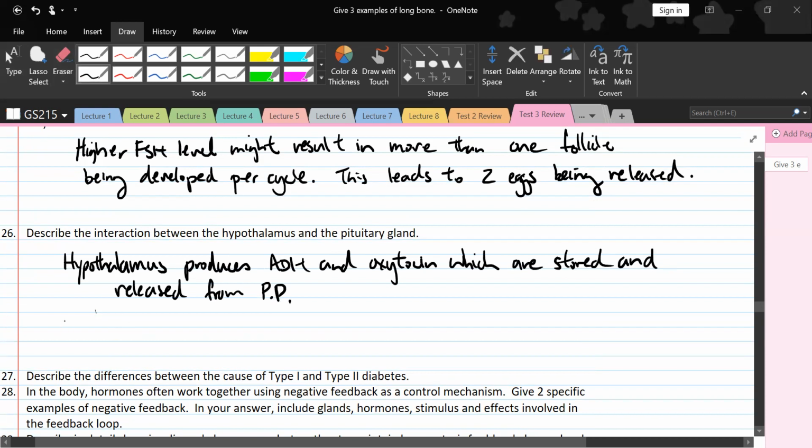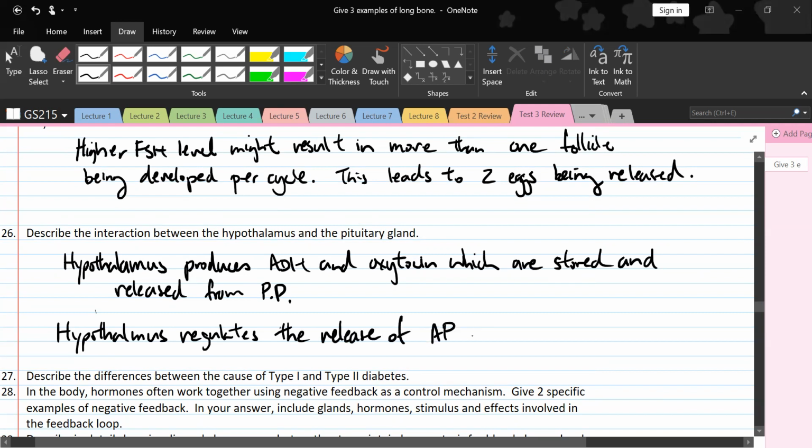Whereas for the AP, the hypothalamus regulates the release of AP hormones through things like GnRH, TRH, and CRH.